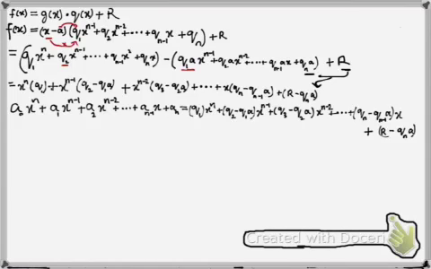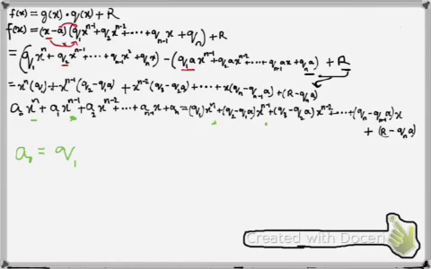Right, so when we compare the coefficients of like terms, that is when we compare the coefficients of x power n on both the sides, then x power n minus 1, what do we get? We get a naught is equal to q1, right?